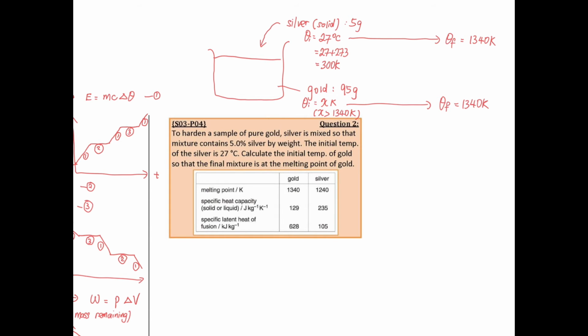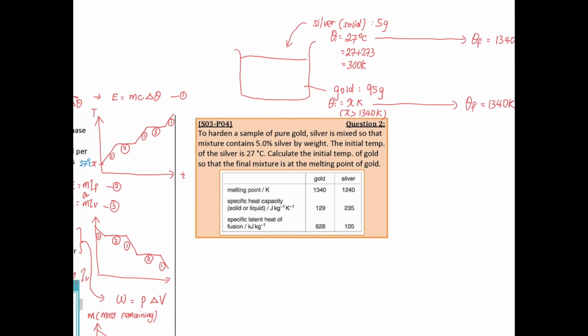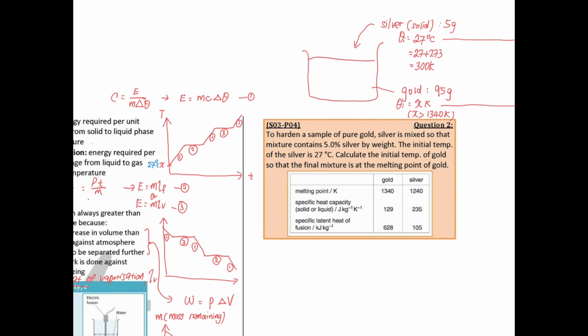Maybe this is 1004 or 1005, then it cooled down to 1003. The heat is given to the cold silver to heat it up from 300 Kelvin to 1340. So the goal is heating it up. So we should expect the initial temperature of gold to be higher than 1340 so that it can heat up the silver.